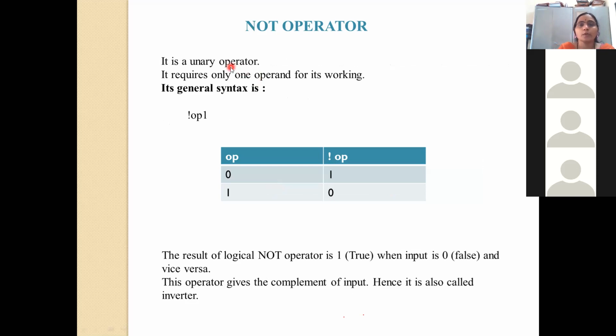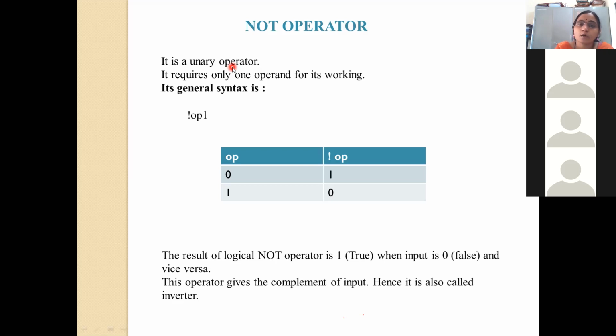This operator is the unary operator. This operator is different from the first two operators. The logical AND and logical OR, these two operators are binary operators. And bi means two because they require two values, two operands, to perform the operation.